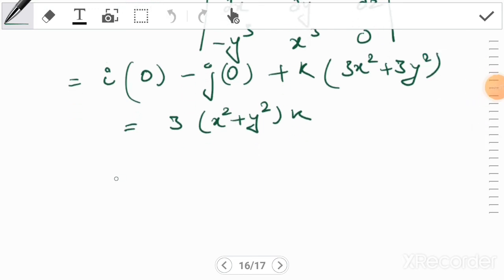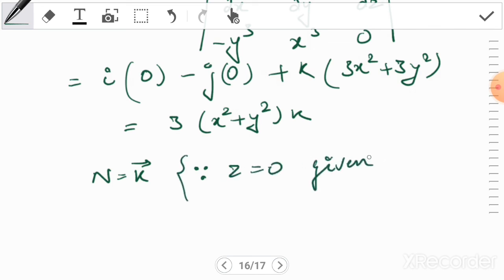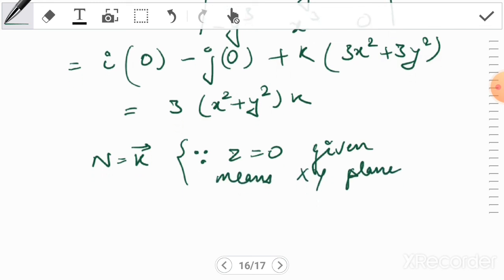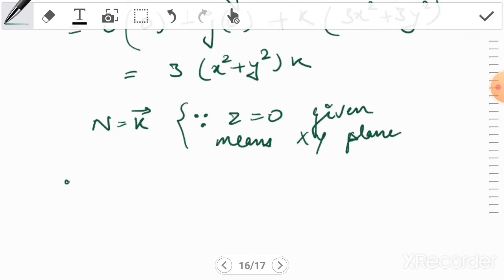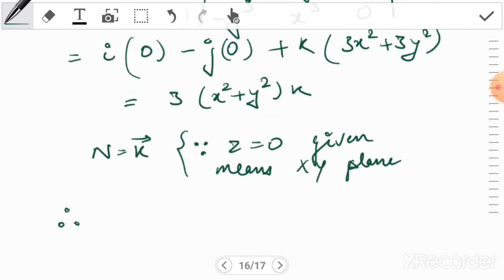And we can directly say the unit normal vector n is k, because z is equal to 0 is given, and that means the xy plane. Also x square plus y square is less than or equal to 1.